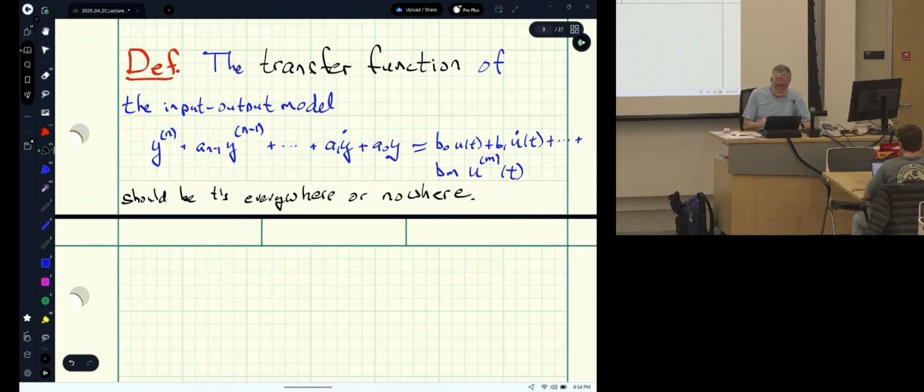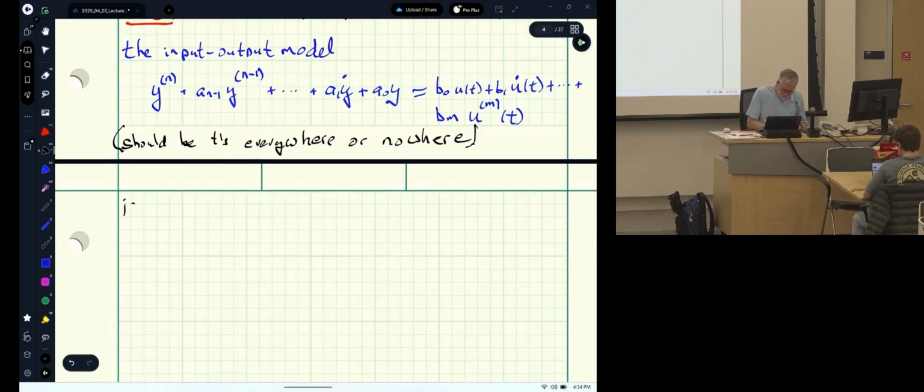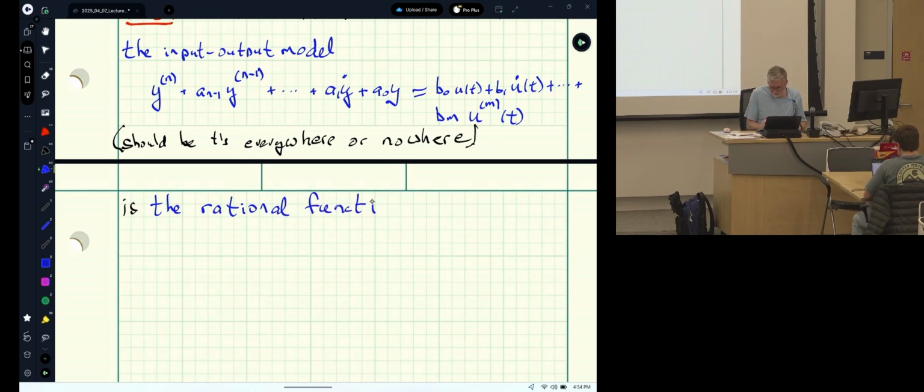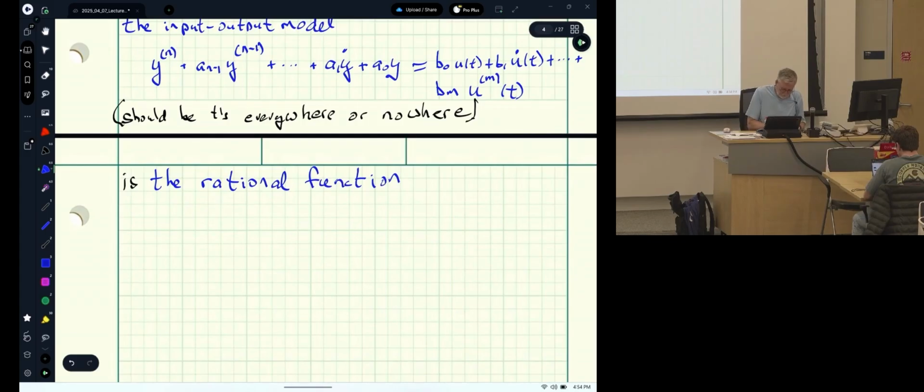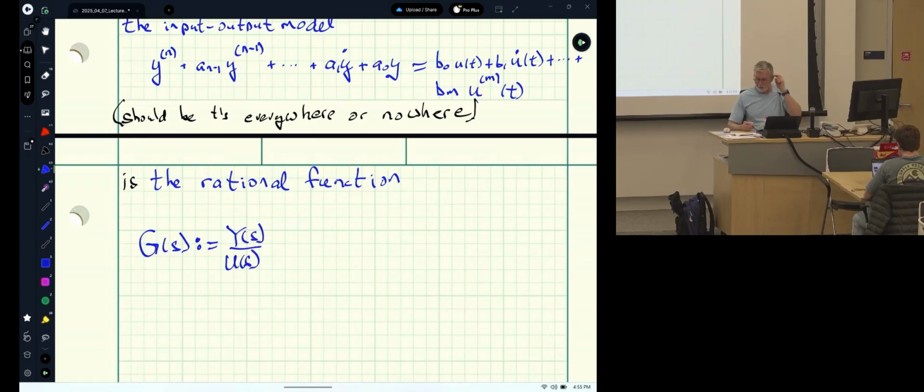So the transfer function of this, so that was just a parenthetical comment, is the rational function G of s, by definition, equal to Y of s over U of s.